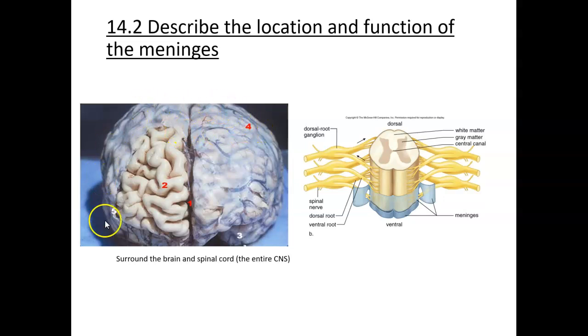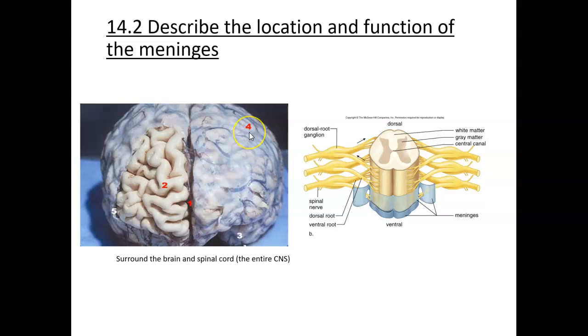But the rest of this brain is covered with 3 layers of connective tissues, and these tissues are called the meninges. And the meninges are a protective layer. So there's all sorts of protections in place to protect the brain and the spinal cord tissue, from our skull to these kinds of things like the meninges.